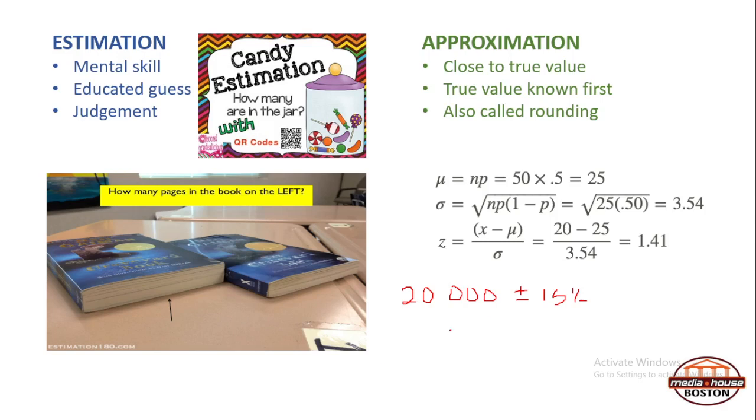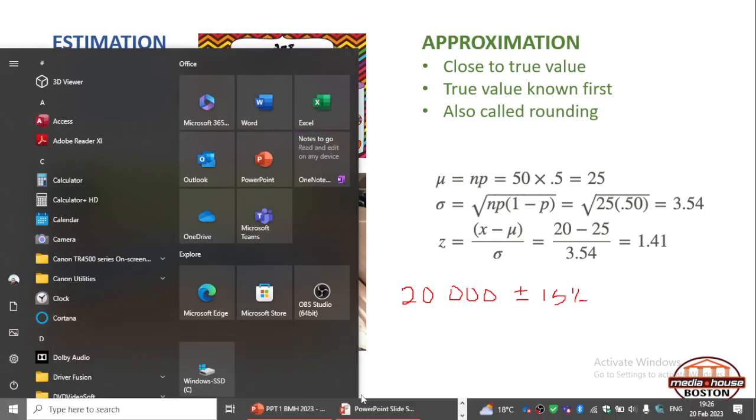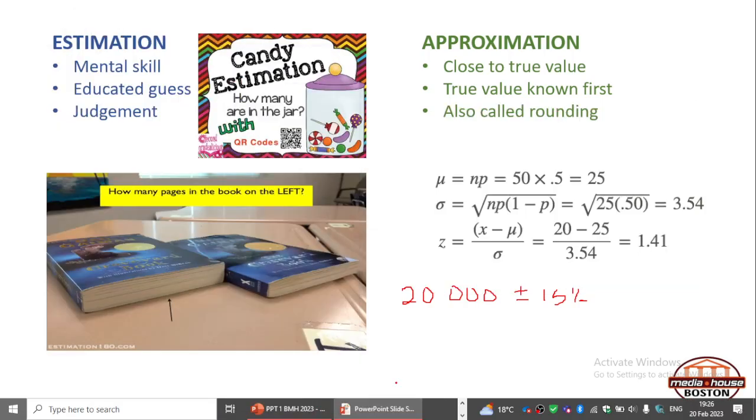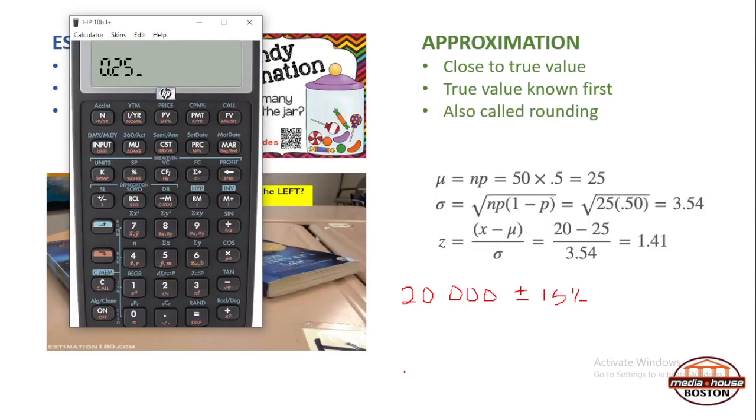If I was using a calculator, let me see if my calculator is still on. Okay, it is. I'd say 20,000 multiplied by 15%, which in terms of decimal is 0.15.